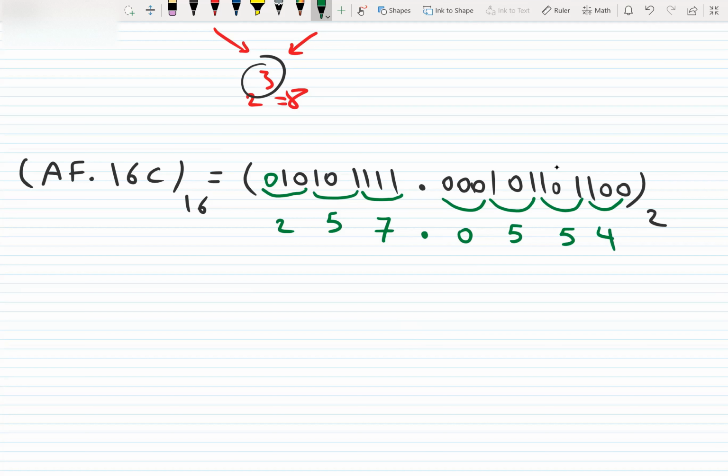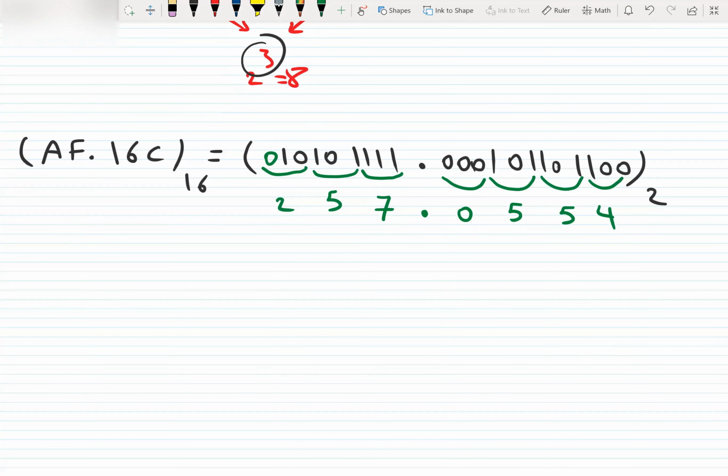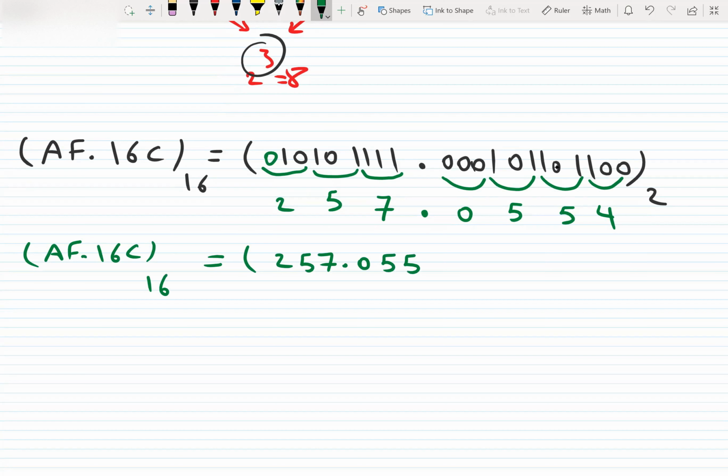And 1, 0, 0 is 4. So we can say AF.16C in base 16 is 257.0554 in base 8. Okay.